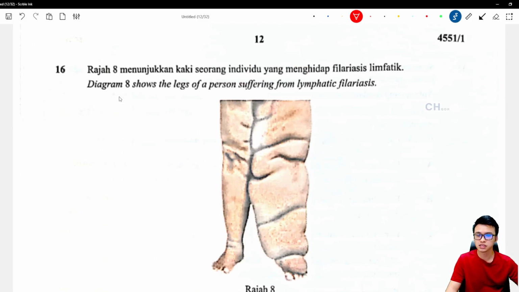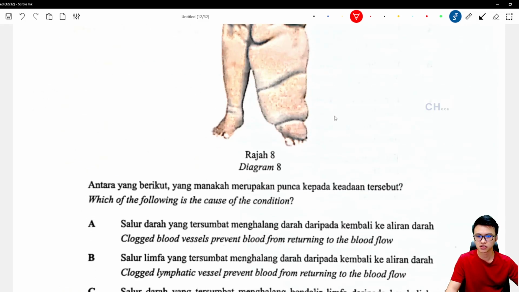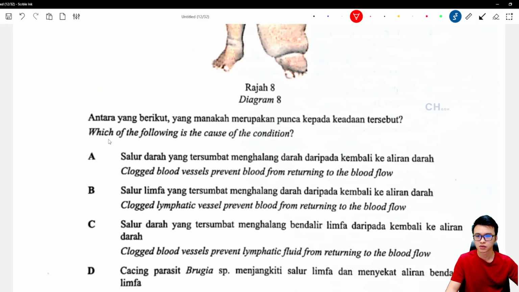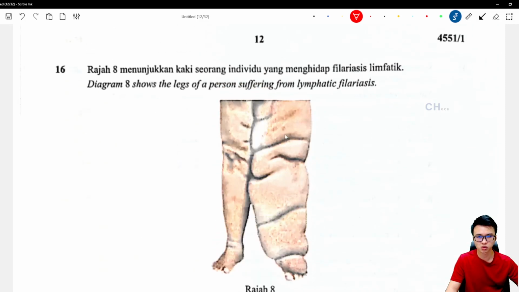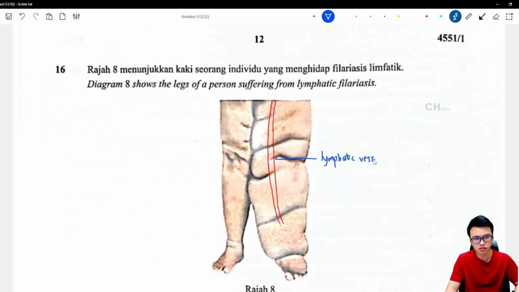Let's look at question 16. Diagram 8 shows the legs of a person suffering from lymphatic filariasis. Which of the following is caused by the condition? Now, this condition is due to the liquid, the plasma, not being able to return to the blood circulatory system through the lymphatic vessels. So right here, this is the lymphatic vessel. Some liquids will move into the lymphatic vessels and be sent back to our blood circulatory system.